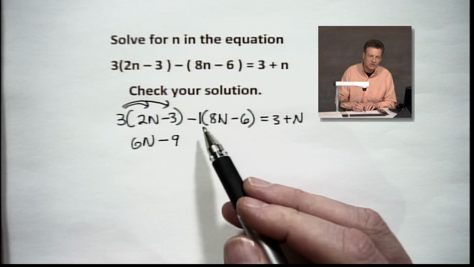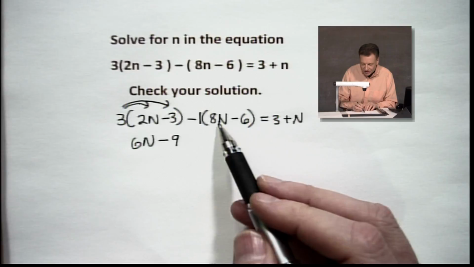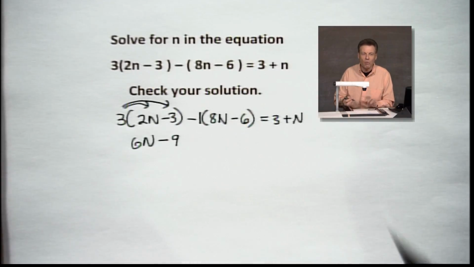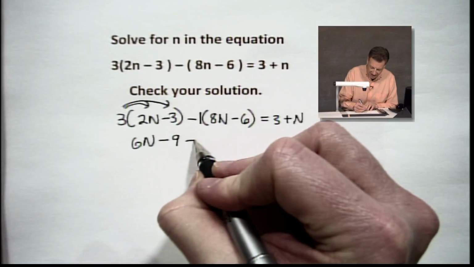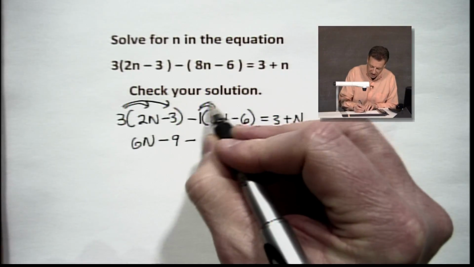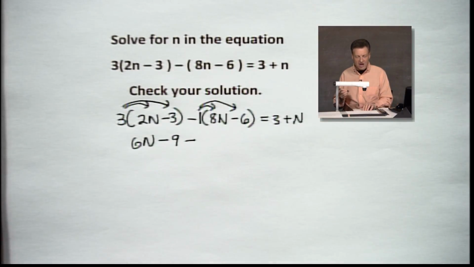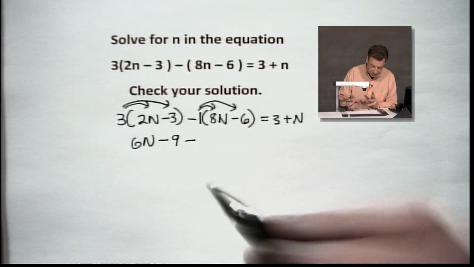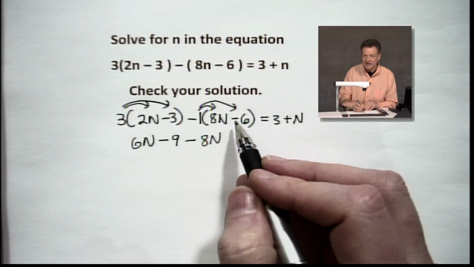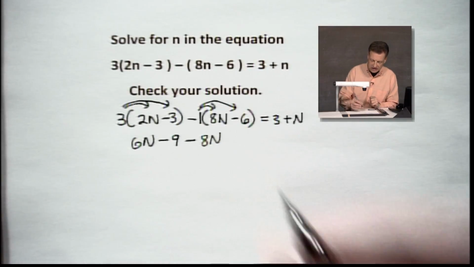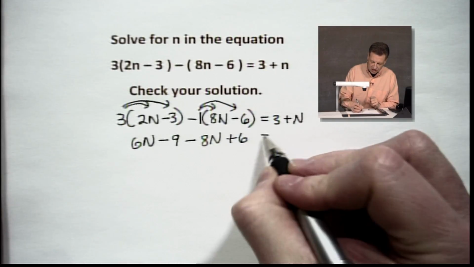I know a lot of our students do like that, because otherwise you sometimes forget that you're distributing a -1 through this parenthesis. Or if you're good enough, you can just say, oh, we changed signs. So we're going to have minus 8n, and then that -1 times the -6 is going to give us plus 6.